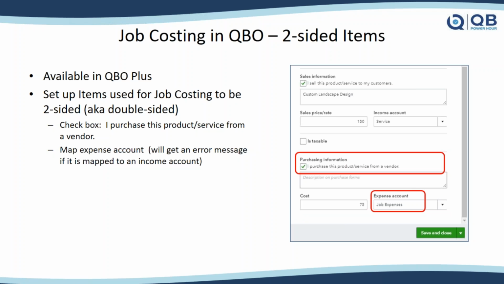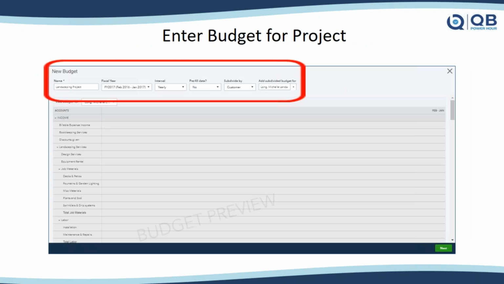In QuickBooks Online, you will only see items that are set up as two-sided items. So it helps prevent some of those mistakes and errors. I kind of like that. QuickBooks Online only shows us those items that are two-sided when we're trying to select one to enter a purchase.